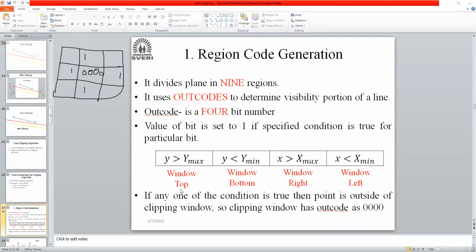So these are the 4 bits of the out code. Out of that, I will check for the y value. So if y value is greater than maximum y, then you have to set the top value equal to 1, else you have to make it 0.